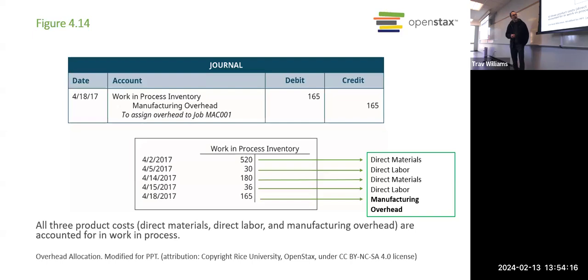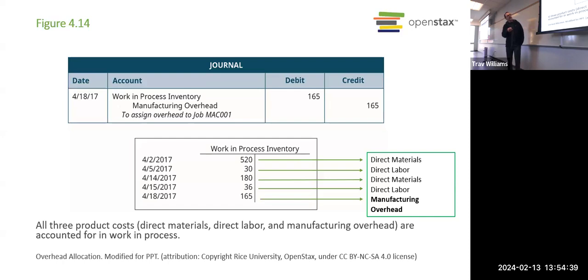So now that we know our overhead estimate, we can add it to those material and labor costs, and we have the total cost for this particular job. Right? So we had these material costs, we had these labor costs, and now we add the estimated overhead.